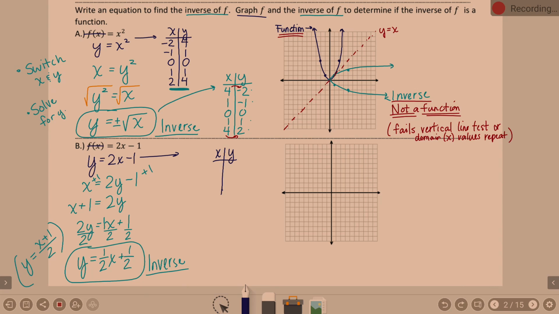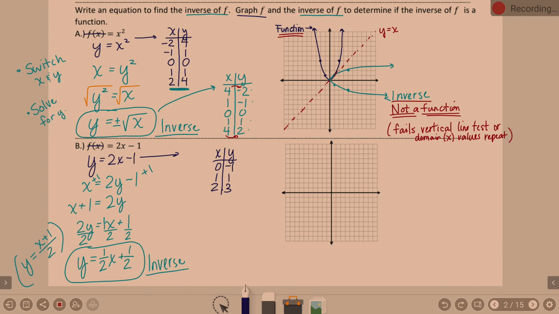Okay, if you want to do an XY chart, you could get away with just doing 0, 1, 2. If you plug in 0, 2 times 0, minus 1, negative 1. If you plug in 1, 2 times 1 is 2, minus 1, 1. If you plug in 2, 2 times 2 is 4, minus 1 is 3.